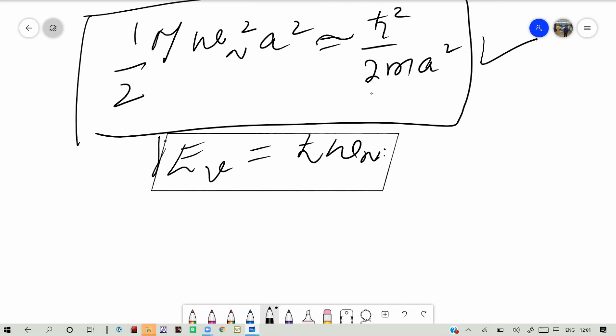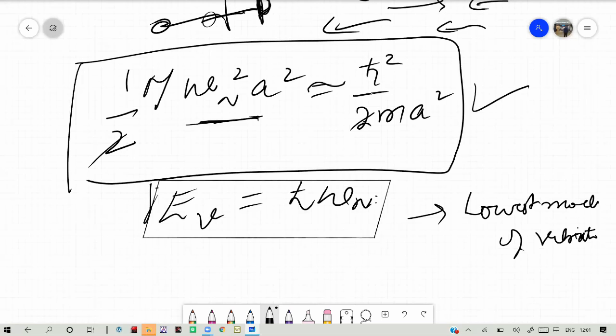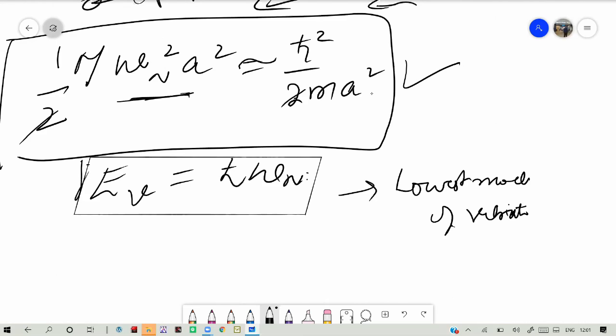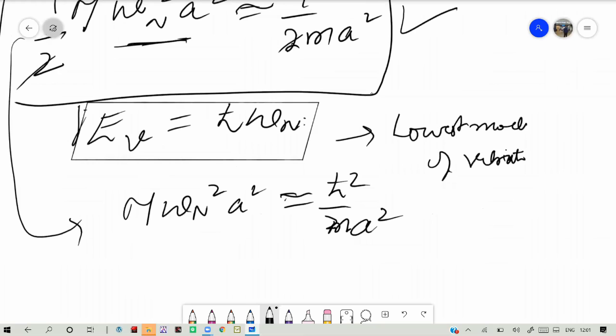This is the lowest mode of vibration. And I can write it as, if you take omega n from this equation, this 2 and 2 will cancel. So m omega n square a square is h cut square by m a square. Keep omega n here.